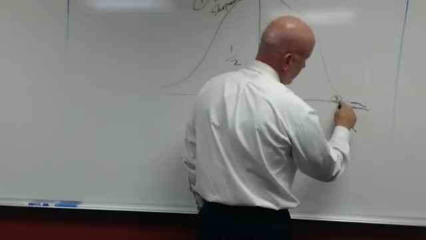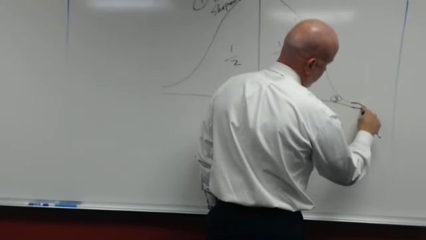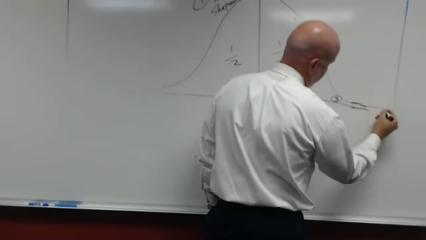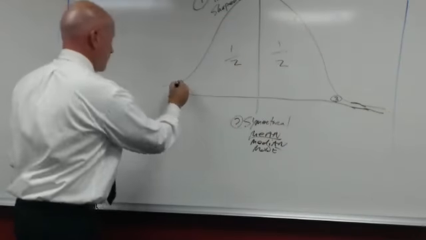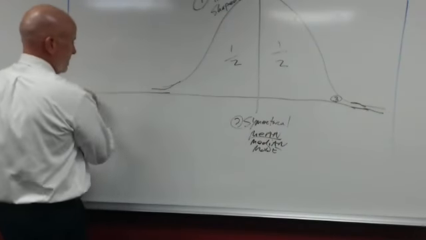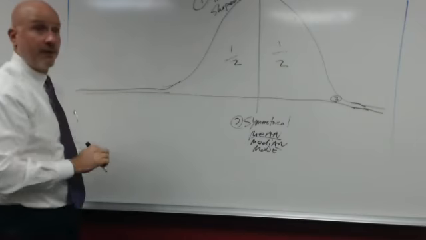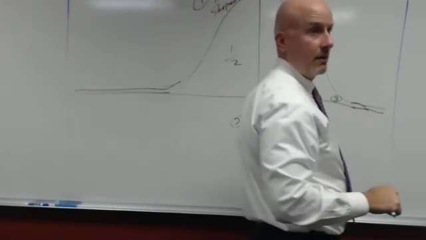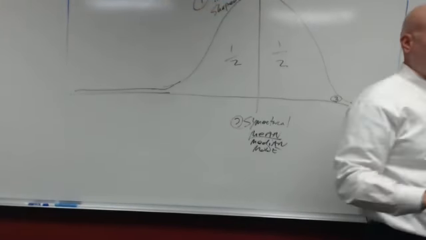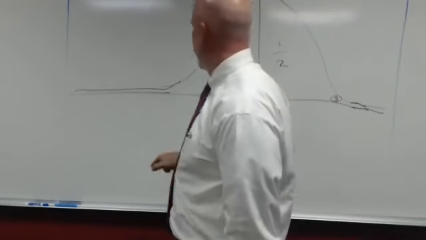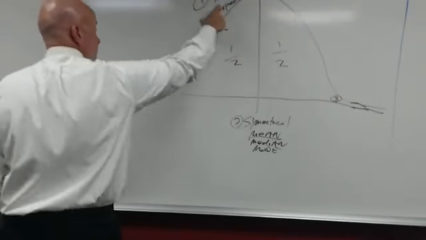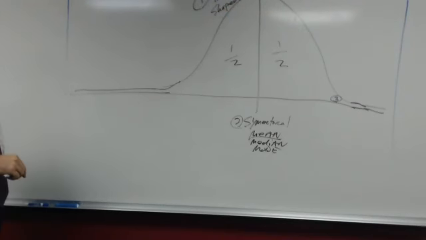It kind of comes right here, just above it, hovers around it, and goes out. It's never going to actually touch the axis. It's going to run parallel to it. So once it comes down to this lowest point, it's just going to continually run out.